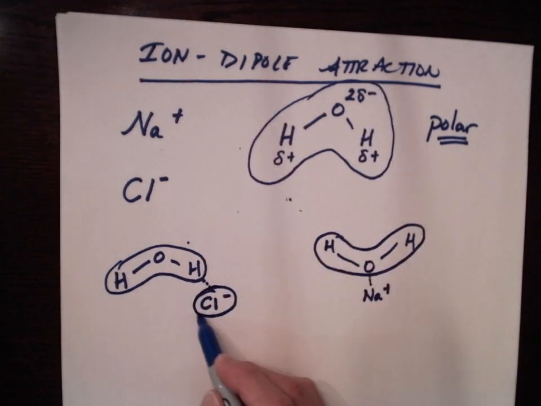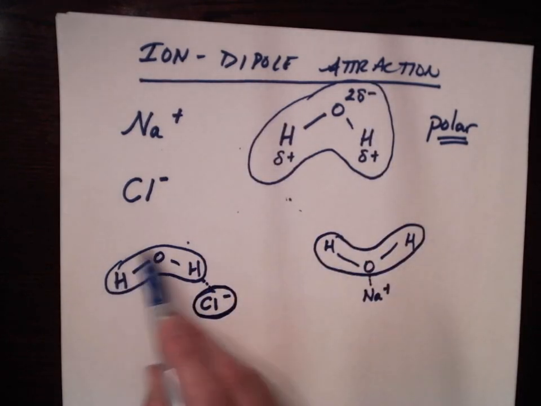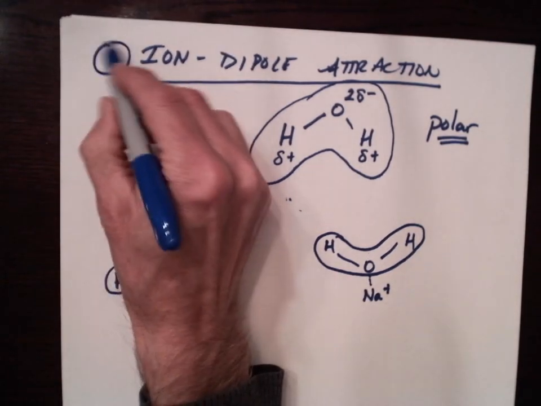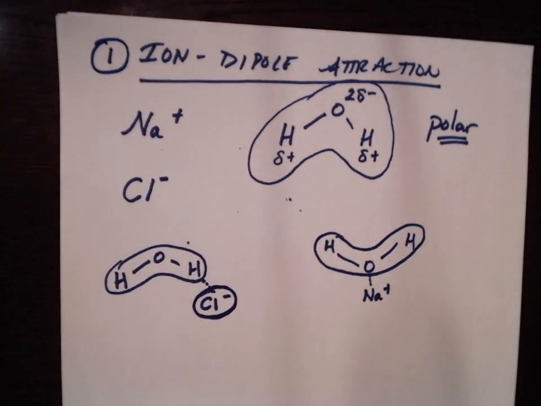You have an ion that's attracting to a dipole, our polar water molecule. So this is the first of our IMFs that we're going to learn about, ion-dipole attractions, the attraction between an ion and a polar molecule. Obviously, this is important with substances dissolving in water.